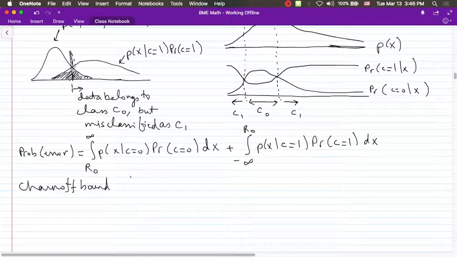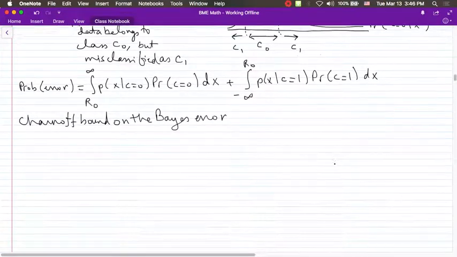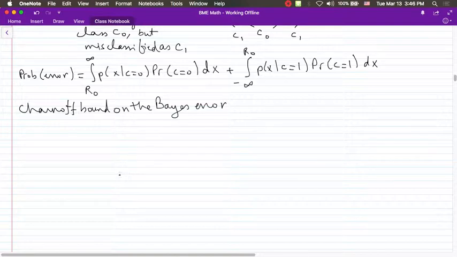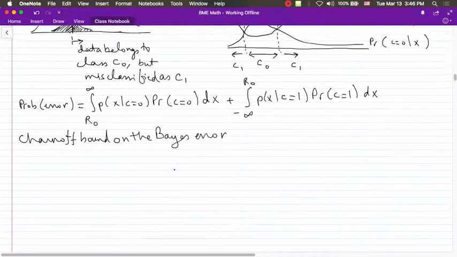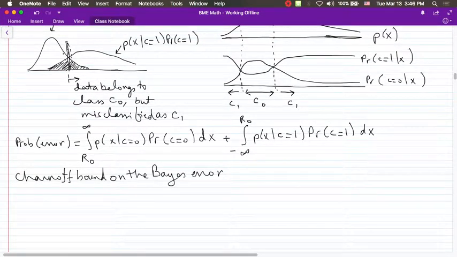Which is basically for us to know, when we classify things using Bayes probability, what's the bound on our error? And the idea is as follows. You have two probability distributions here, one for class 1, one for class 0. And basically, the integral of the smaller probability distribution is your error.